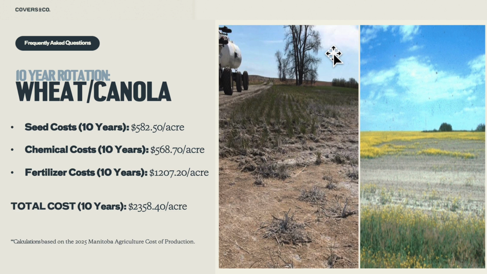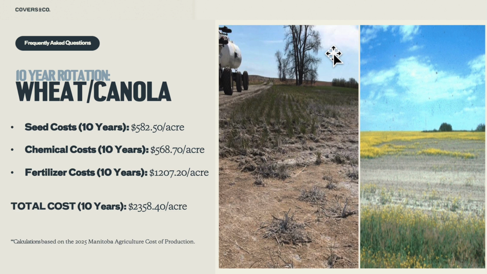Those come out to about $2,358 per acre over 10 years on every acre of land, just solely on these three costs. Now, introducing that into a saline area where a net return is basically nothing, more years than not, we are looking at a deficit of very close to, if not right at, $2,358 an acre across 10 years.